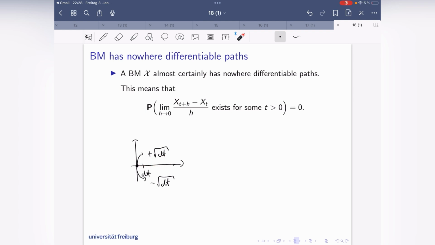No matter if you go plus or minus square root dt, because the square is always dt. But these things here, so square root of a small thing is much bigger than a small thing, because the square root function goes from 0 like this thing here, very steep. And for this reason, the increment here is pretty big. And it's so big such that you do not have a differentiable path. You have a continuous path, but no differentiable path in Brownian motion.